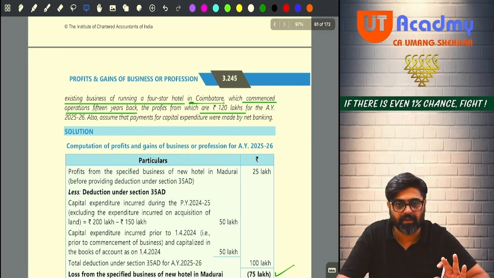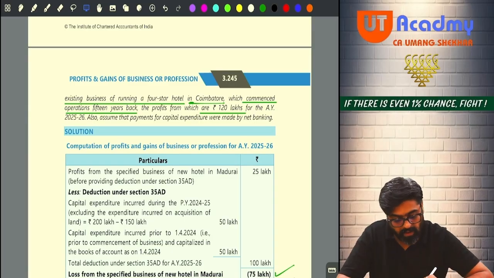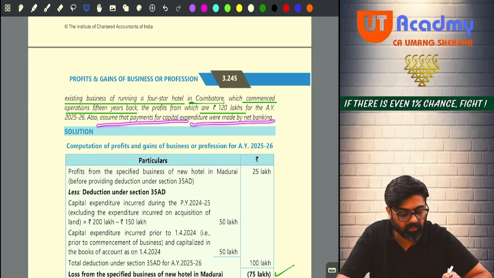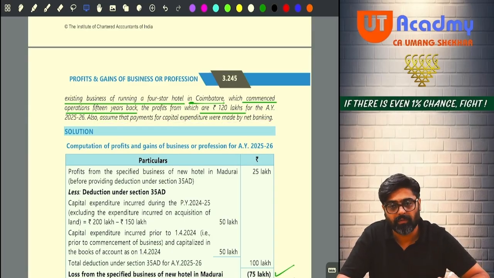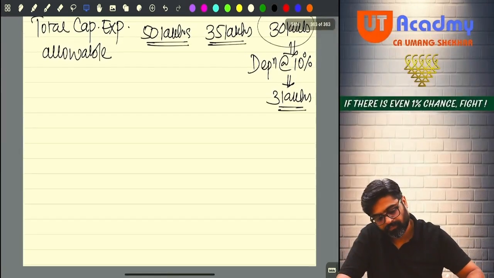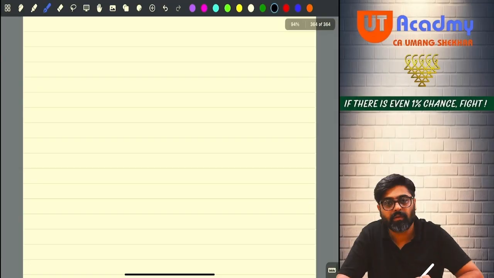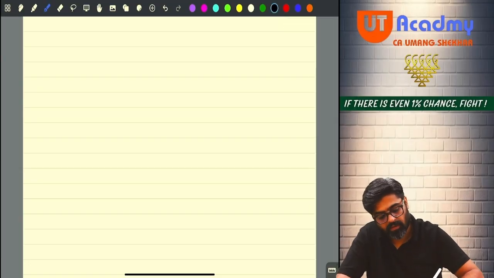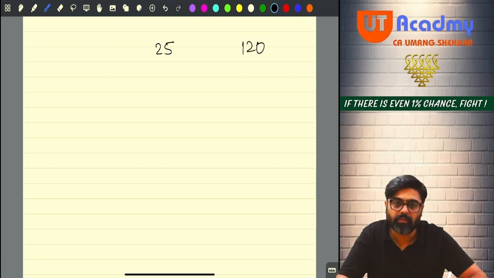Now you are supposed to calculate what? Calculate the PGBP income, total PGBP income. Assume that payments of capital expenditure were made by net banking. Very good. So what we are going to do? First of all, profits given were 25 lakhs and 120 lakhs.